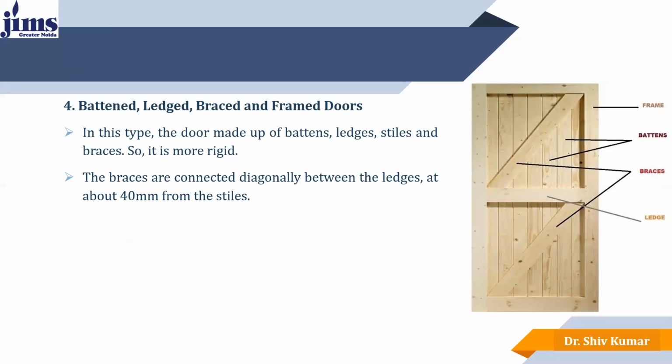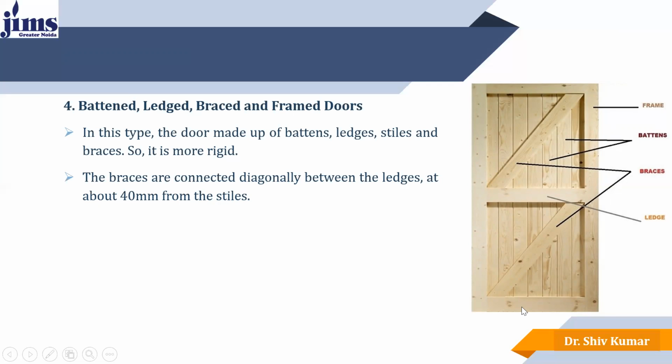The next is the batten, ledge, brace, and frame door. In the third type of door which we have studied, the batten, ledge, and brace door, that door is fixed in a frame.